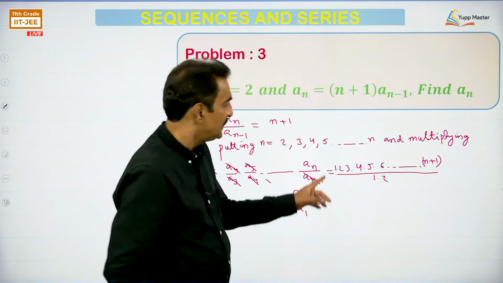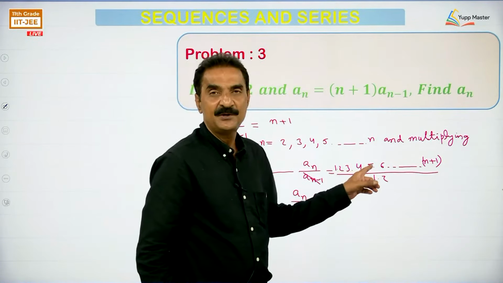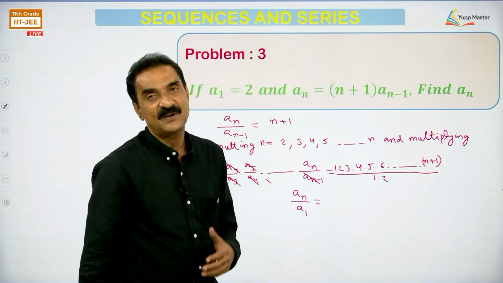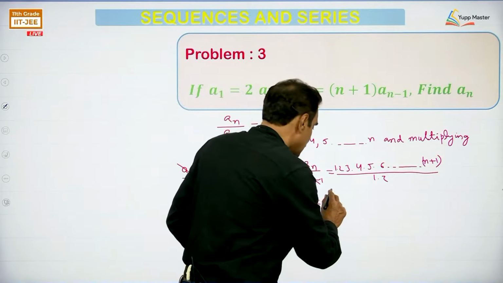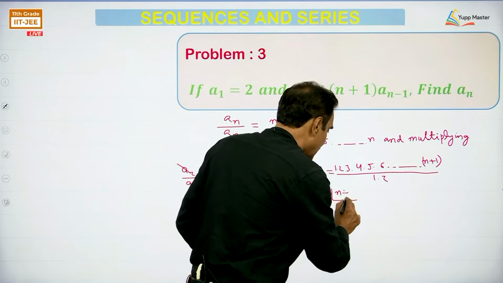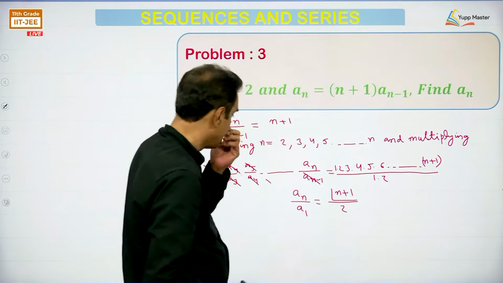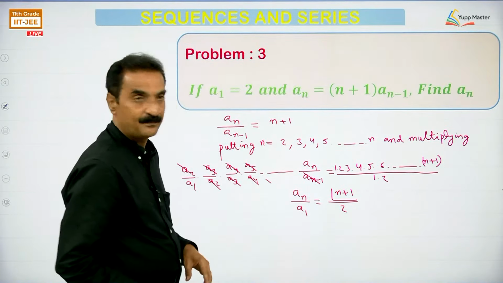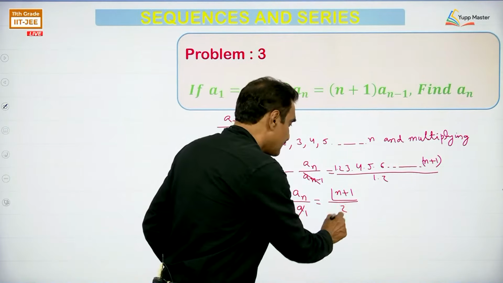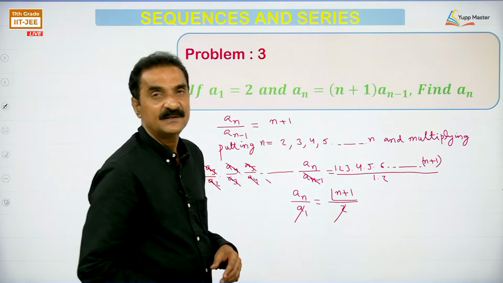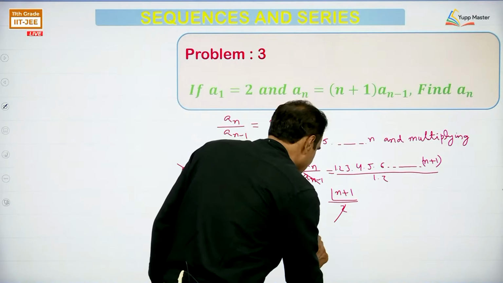Alright. Now, 1 into 2 into 3 into 4 and so on up to n plus 1 can be written as n plus 1 factorial. This is the notation for factorial, n plus 1 factorial, divided by 1 into 2, which is 2. Alright. And a1 is 2. So, the denominators will cancel. So, we got an as n plus 1 factorial.